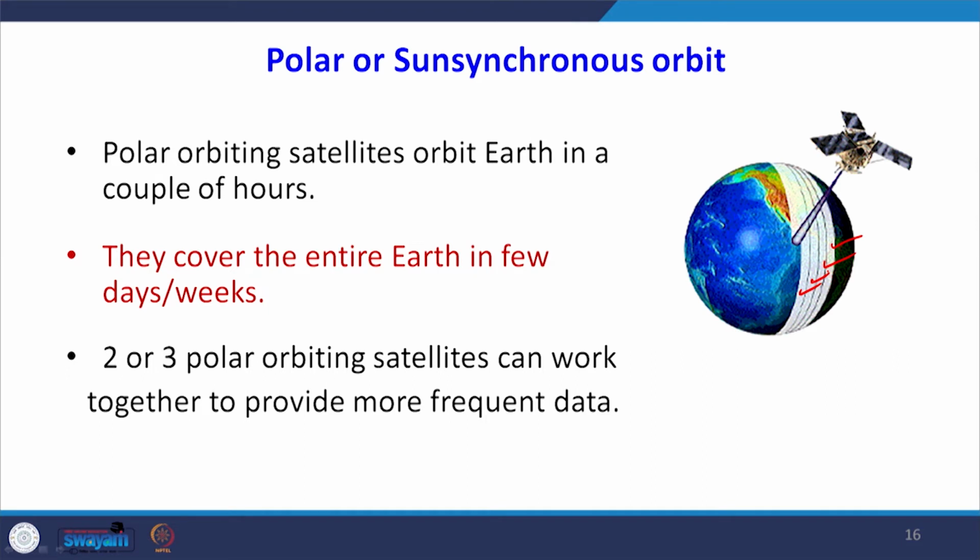So, we can get more frequent data if we take the polar satellite data, let us say from LANDSAT, from IRS, from SPOT, then we can have data which is maybe every day or every alternate day. So, we can actually reduce the temporal frequency of the data when we consider it from 2-3 satellites.